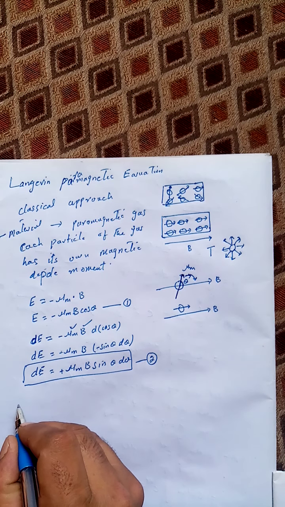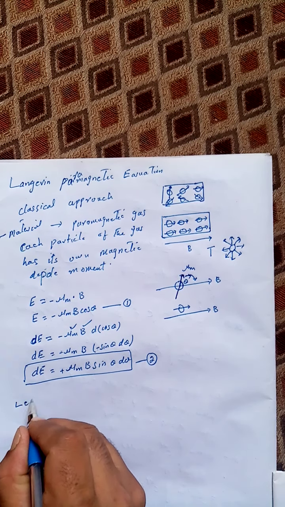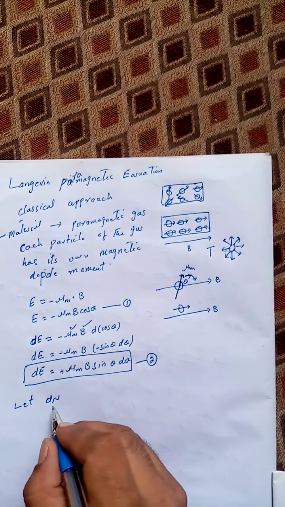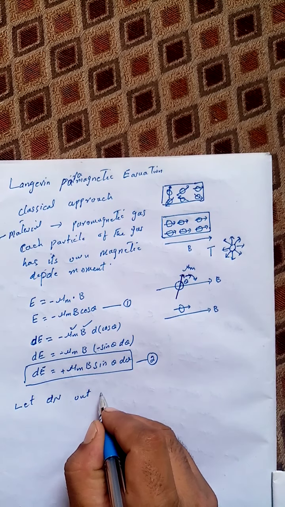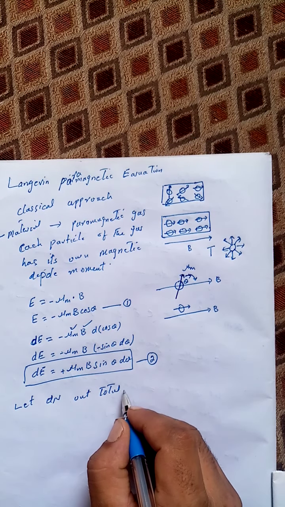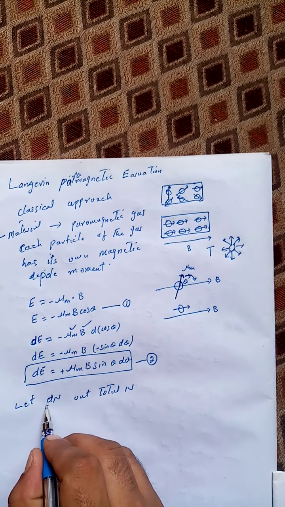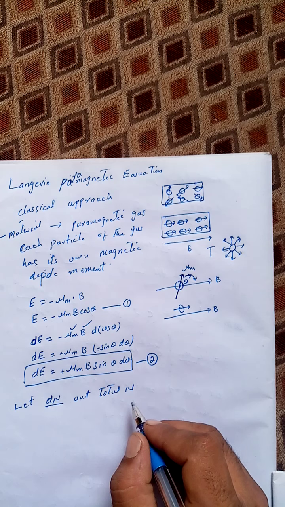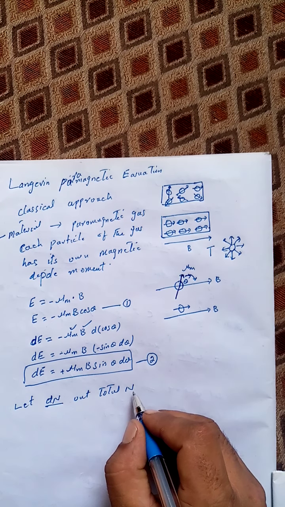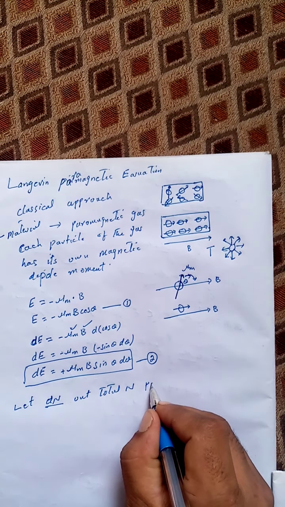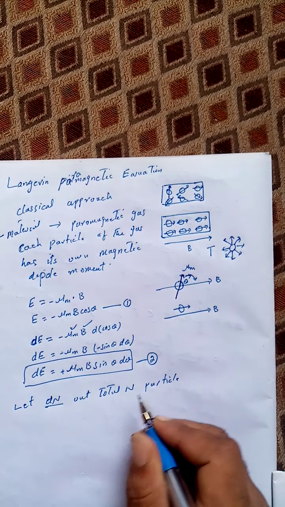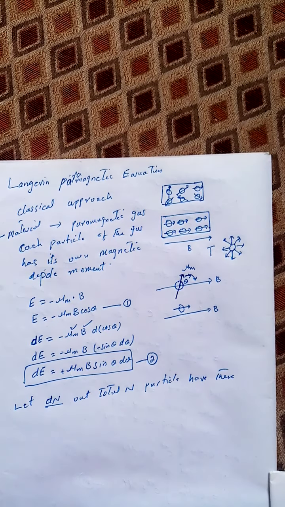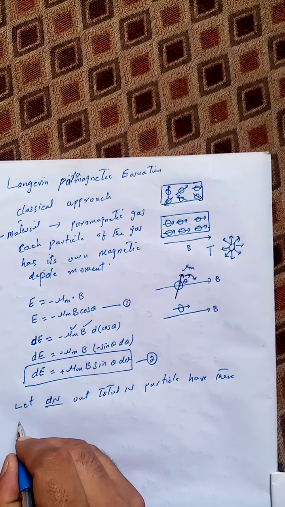Let the total number of atoms be n, and say that dn out of the total n particles have this magnetic orientation.